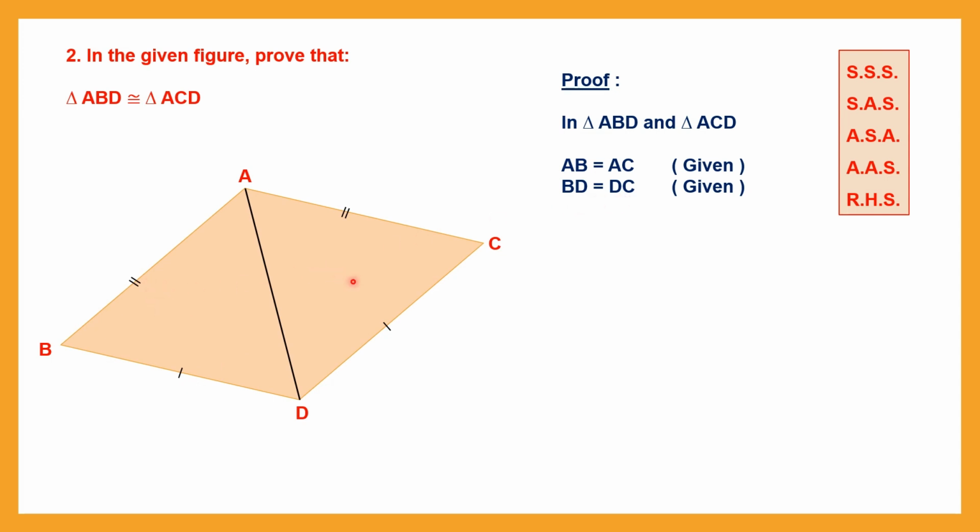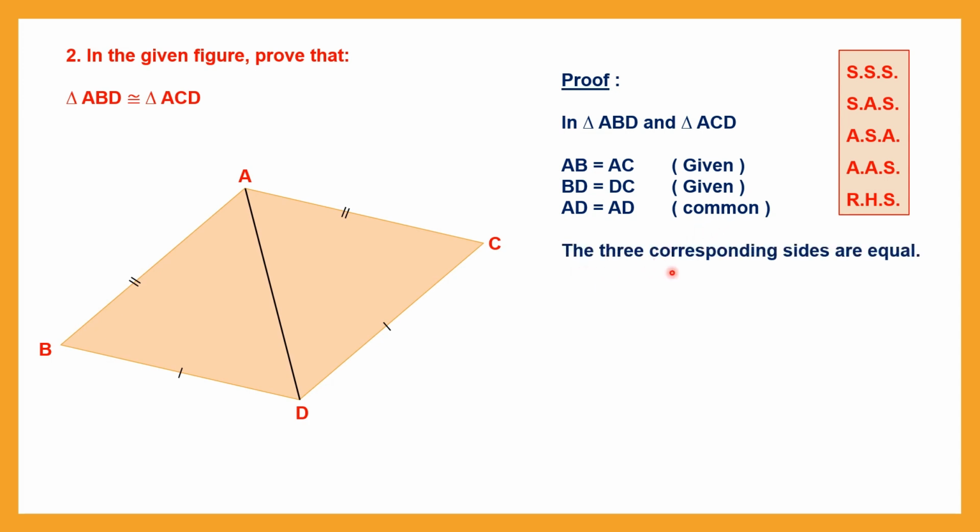So we have two sides that are equal. Now let's look at the third side, that is AD. Can you see that AD is common to this triangle ABD, and this AD is also common to this triangle ACD. So we can say AD is equal to AD, and what is the reason? It is common to both the triangles.